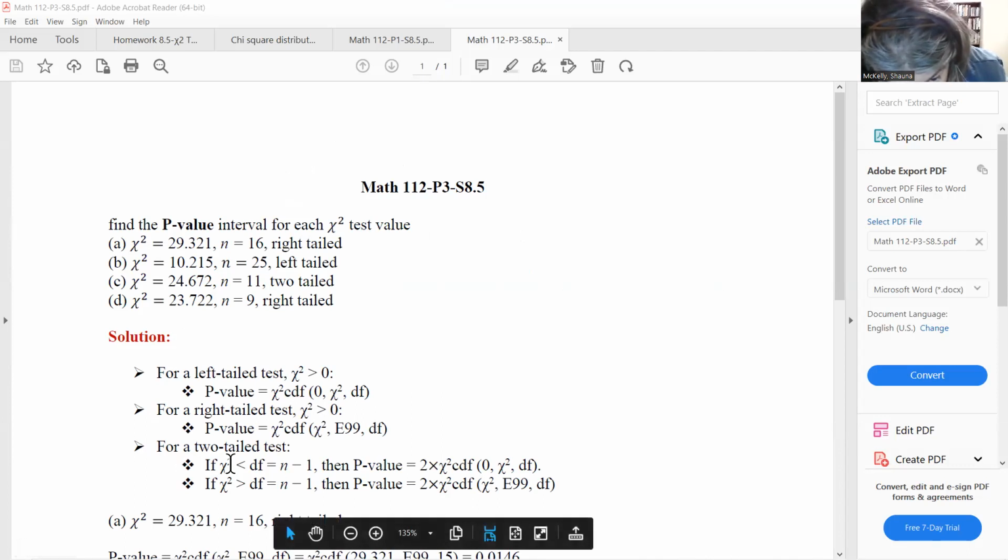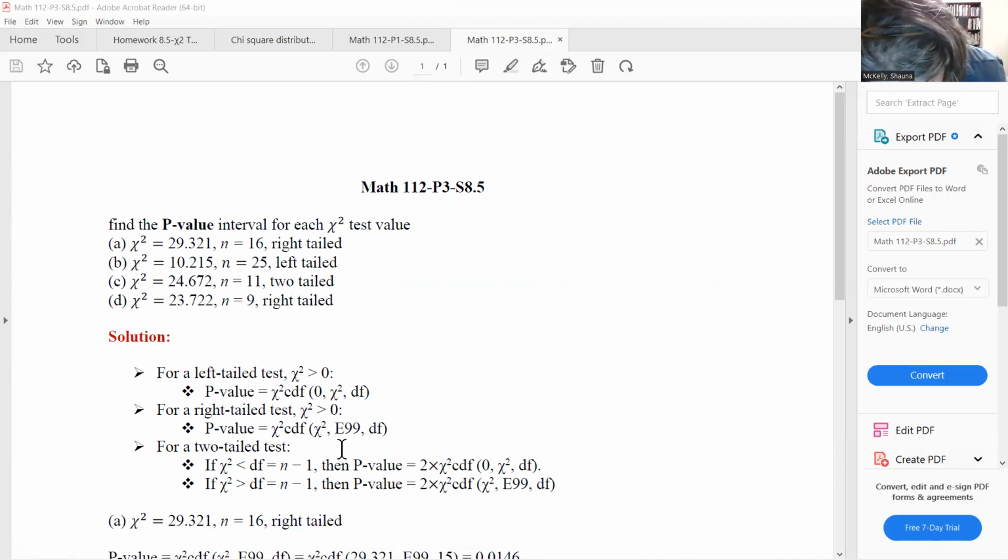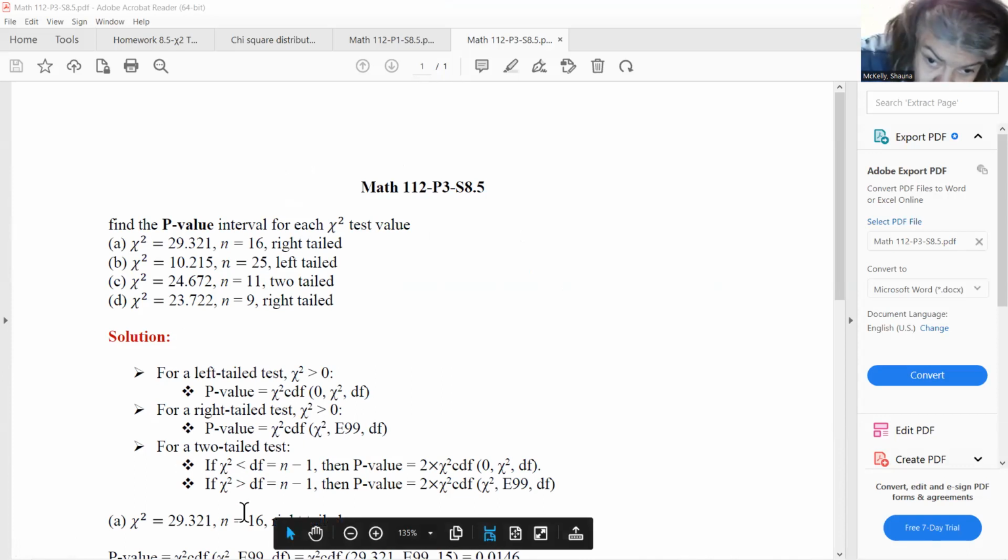Is chi-squared less than your degree of freedom? If so, then you're on the left side. If chi-squared is more than your degree of freedom, then your p-value is twice the area and your chi-squared is past your degree of freedom, okay?